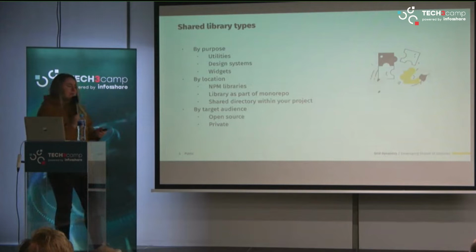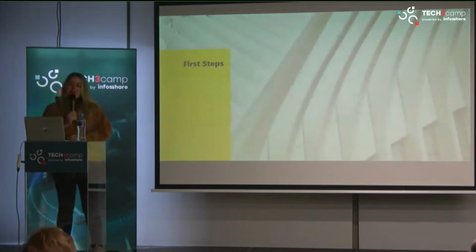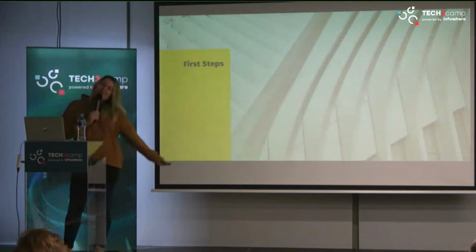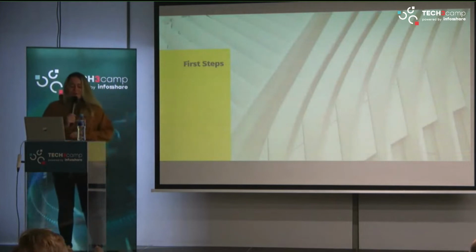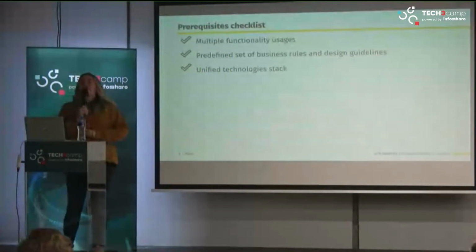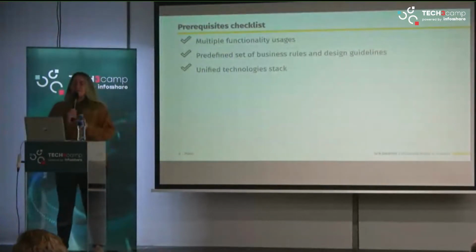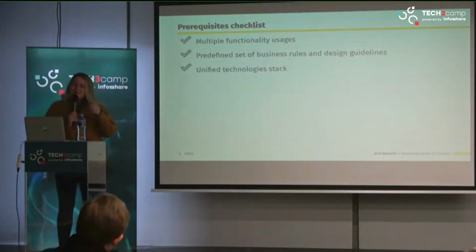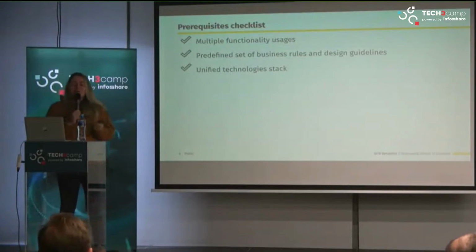So let's start. What are our first steps in this journey of creating shared libraries? Where to start? First of all, I would recommend you go through this checklist and try to set these check marks if your application follows it.